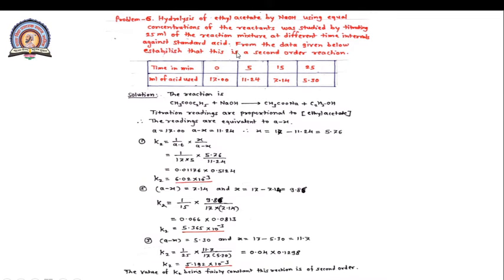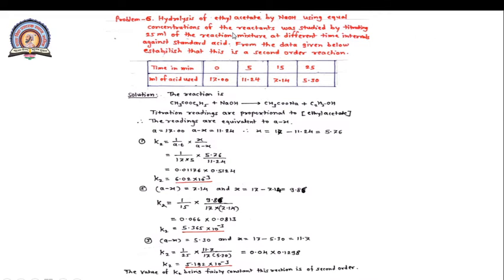Then problem number 6, the hydrolysis of ethyl acetate by NaOH using equal concentrations of the reactants was studied by titrating 25 ml of the reaction mixture at different time intervals against standard acid. From the data, establish or show that this is a second order reaction.